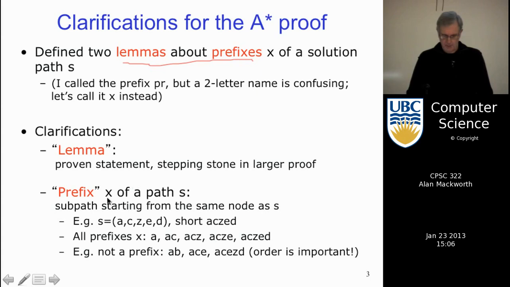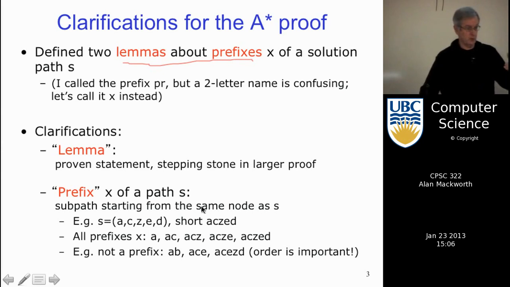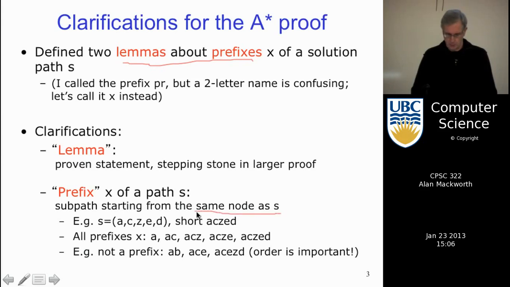And what the idea of a prefix is, I just sort of rushed over that again, but a prefix of a string is any substring that starts at the beginning of the original string, right? But we're talking about paths here. So a prefix X of a path S is a subpath starting from the same node as S, right? That's important.